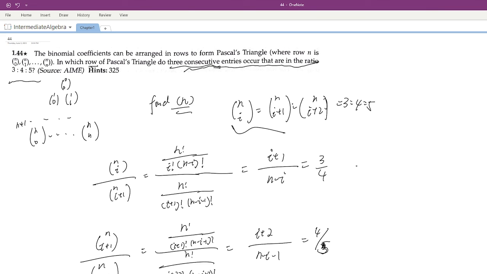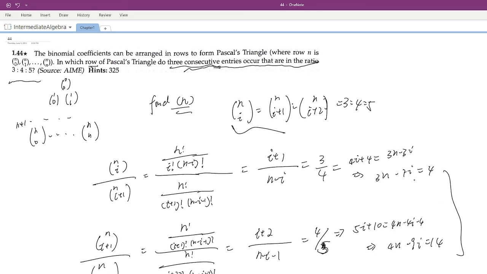Now you can see we have a linear equation of n and i. So here we have 4i plus 4 is equal to 3n minus 3i, so it's 3n minus 7i is equal to 4. This one we have 5i plus 10 is equal to 4n minus 4i minus 4, then we have 4n minus 9i is equal to 14. So we have the two equations.